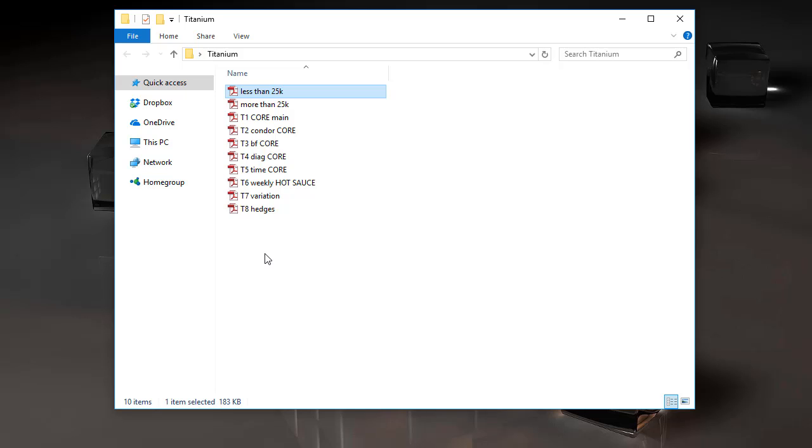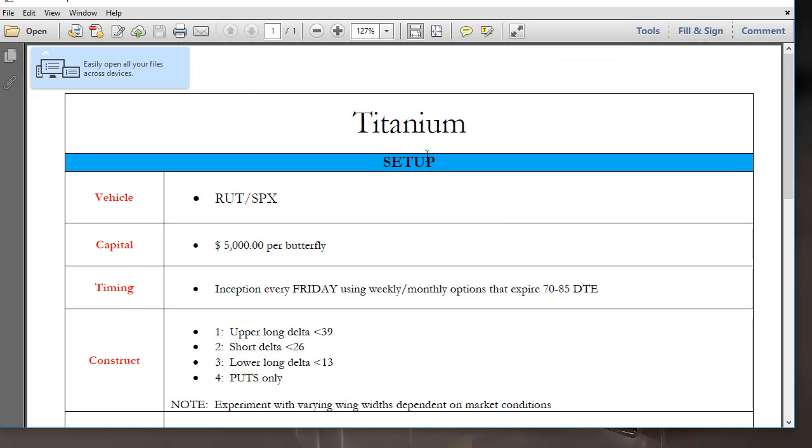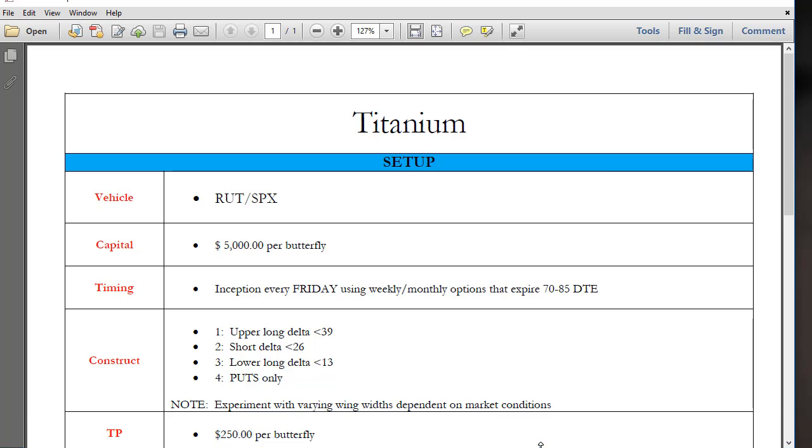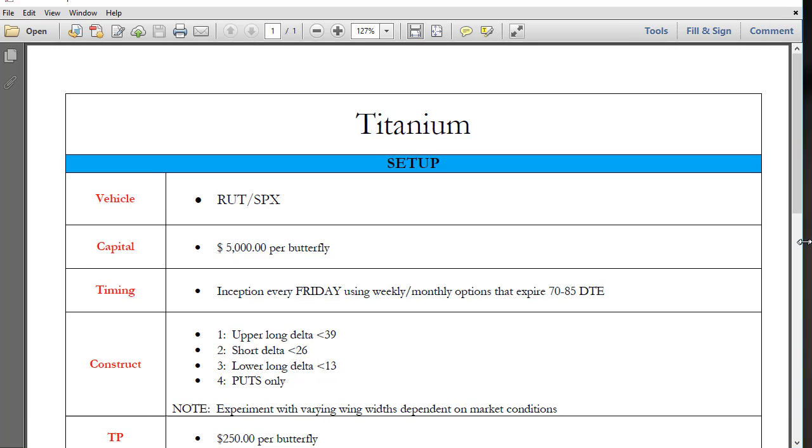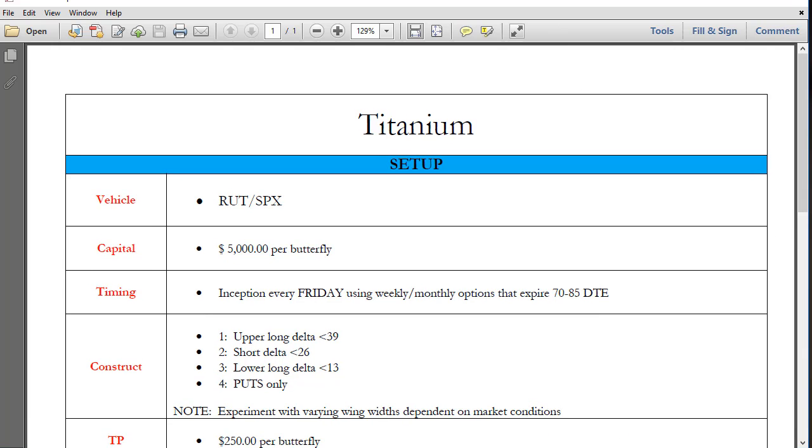So the definitions of all of these, they're all going to follow a similar format. All right, so I'm going to just open up this first one here. This is the core, one of the main trades that I want you to start out with testing, and sim trading, paper trading, and we'll go through.